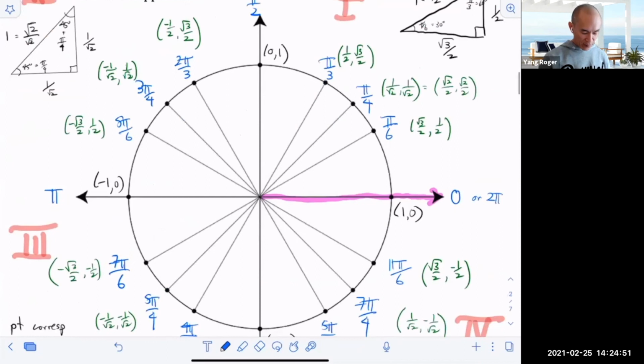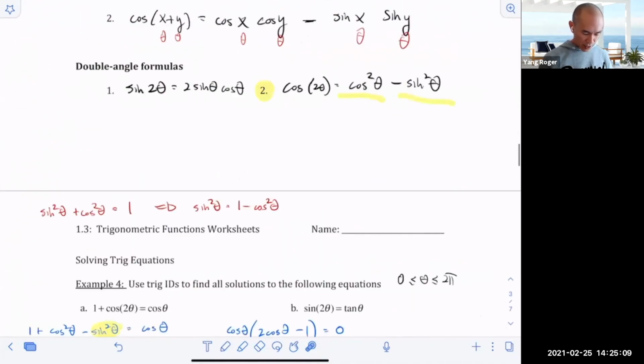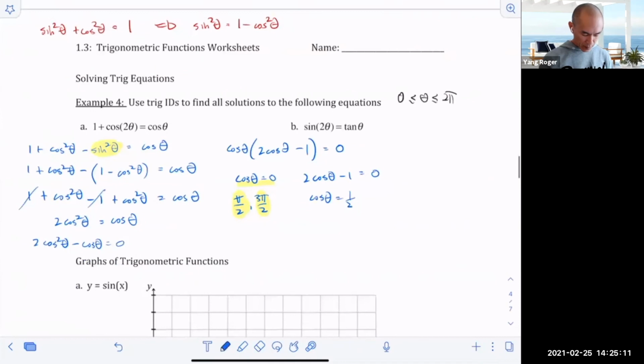But the x value being 1/2 is kind of like this part right here. I want to know, what are those two angles that'll give us that? Well, one angle is pi over 3. And then the other angle is 5 pi over 3. So this is going to be pi over 3 and 5 pi over 3, like that.